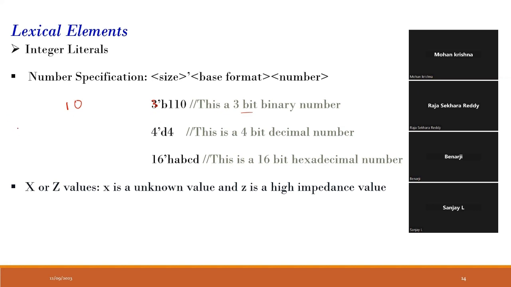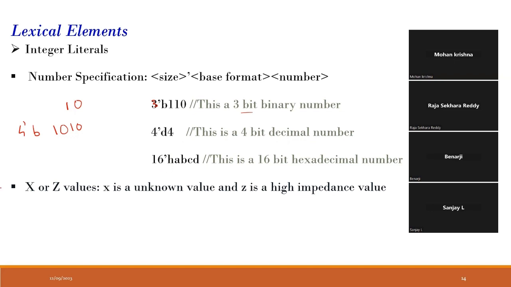If we write 4'b1010, we are telling our compiler that this is a 4-bit number represented in binary form and it is 1010. Then it will compile and proceed. So we have to define the bit size. Similarly, 4'd4 is a 4-bit decimal number with the value 4.